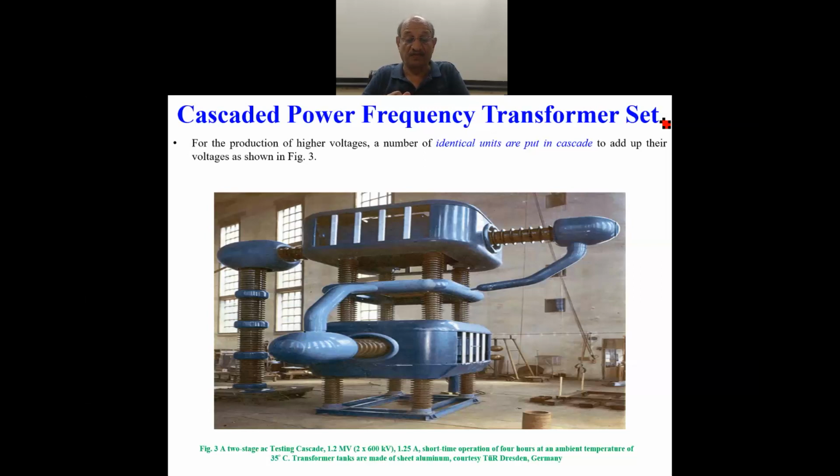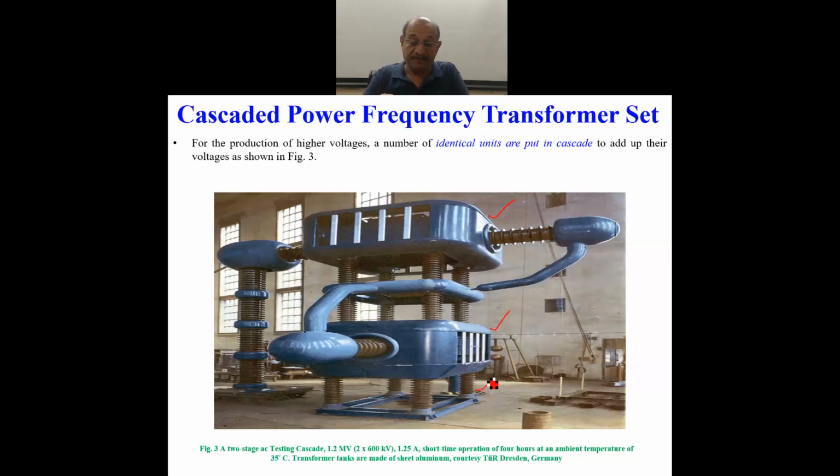As you can see here, there are 2 units in this case: one unit is this one, and the second unit is this one. Even this first unit is supported on insulators.